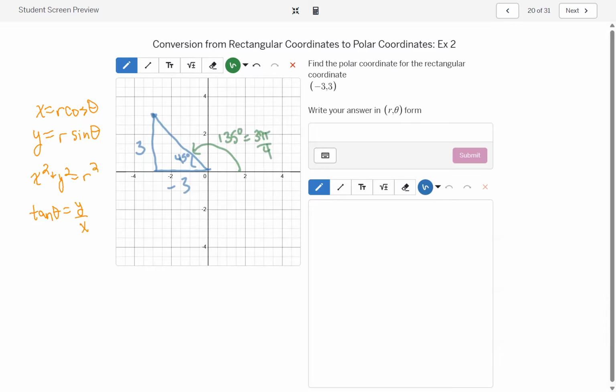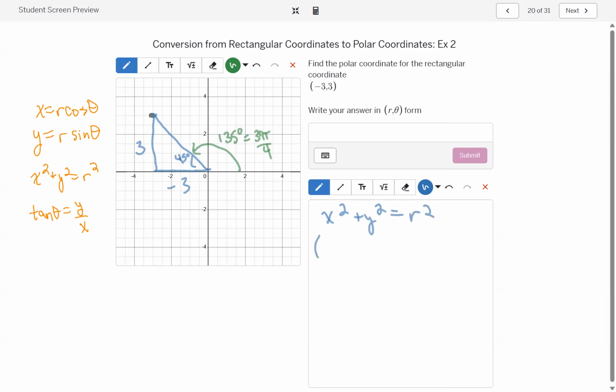And then I can just use my Pythagorean theorem to solve for that third side. So the Pythagorean theorem will be x squared plus y squared equals r squared. X is negative 3 squared plus y is positive 3 squared equals r squared.